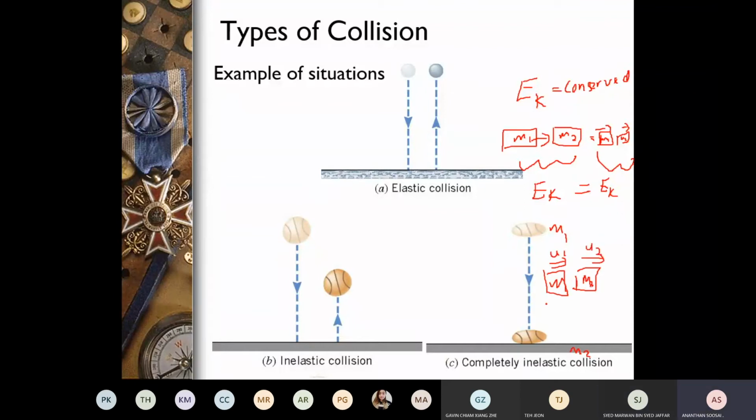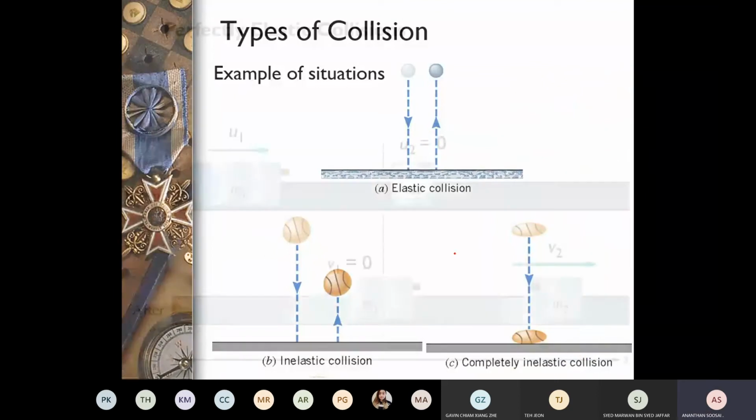But after colliding, what happened? The M1 and M2 stick together, move with the same uniform velocity, and this is called completely inelastic collision. Any bodies that stick together after collision are completely inelastic.